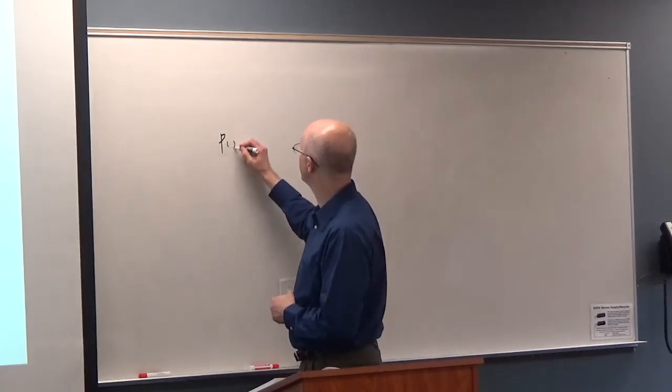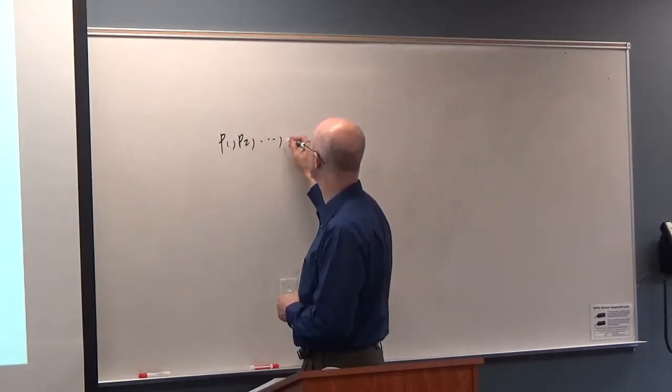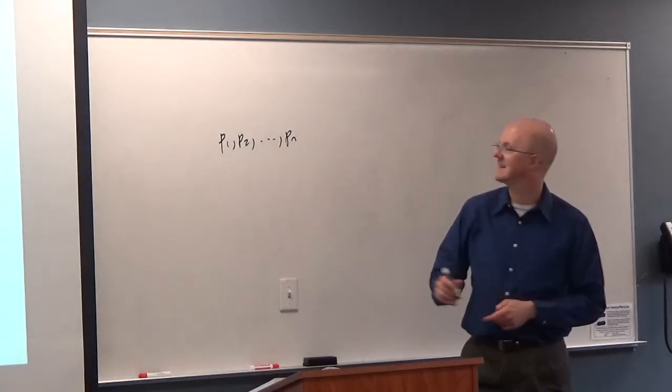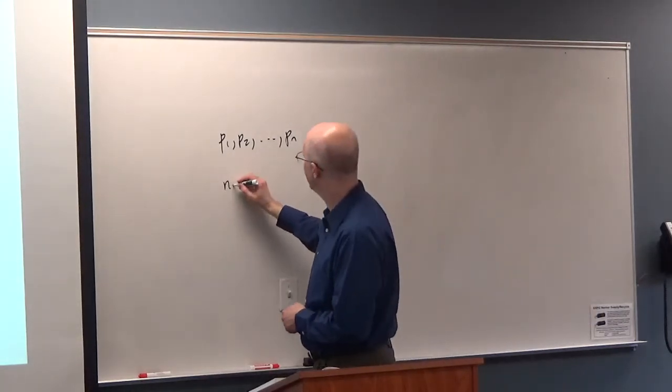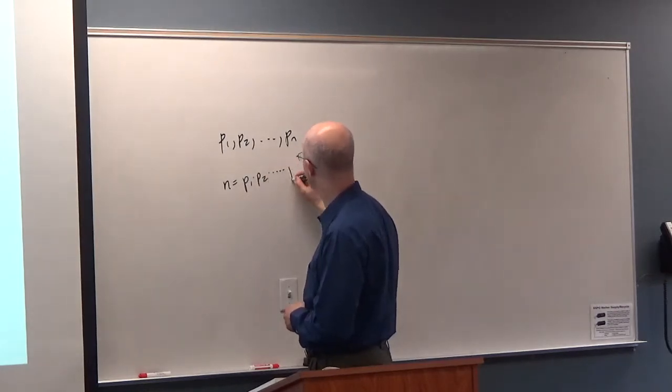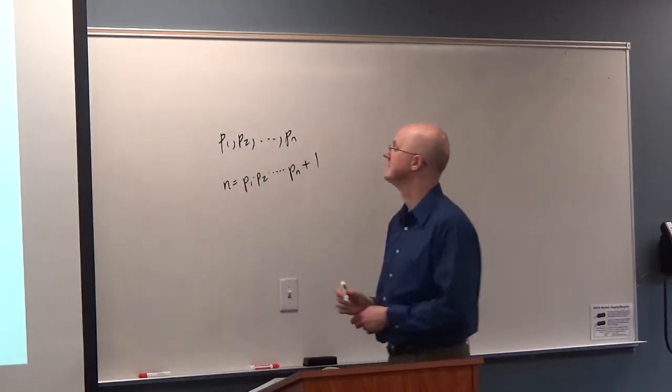Suppose that there are not infinitely many primes. Suppose there's only finitely many. Call them P1, P2 through, say, Pn. And consider the number n that is the product of all those primes, plus 1.